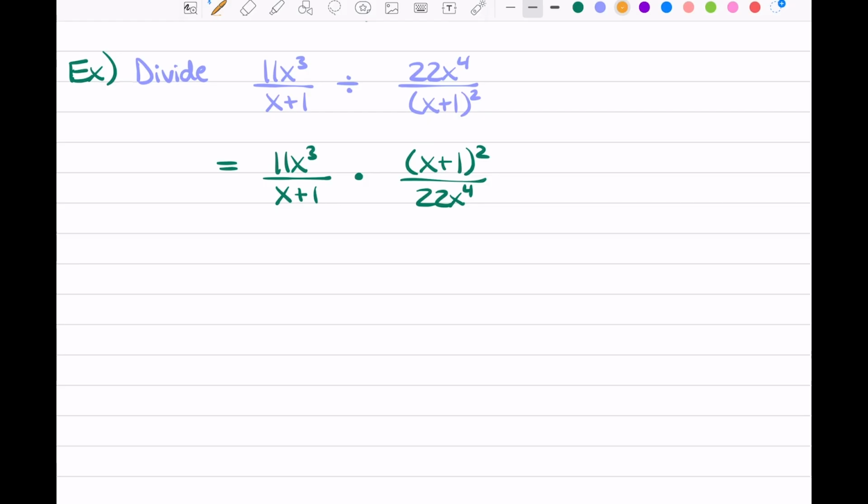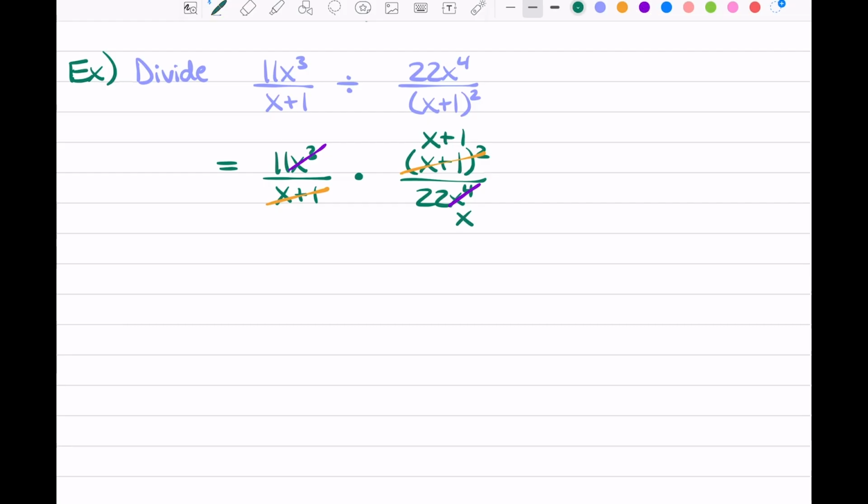And you can see that we have an x plus 1 down here and two of them up here. So one of them is going to cancel. So we can cross out this one and then replace our piece up here with just 1 x plus 1. Similarly, we have 3 x's up here and 4 down here. So we're going to cancel out 3 x's. This guy disappears, and then we replace the one on bottom with just 1 x.